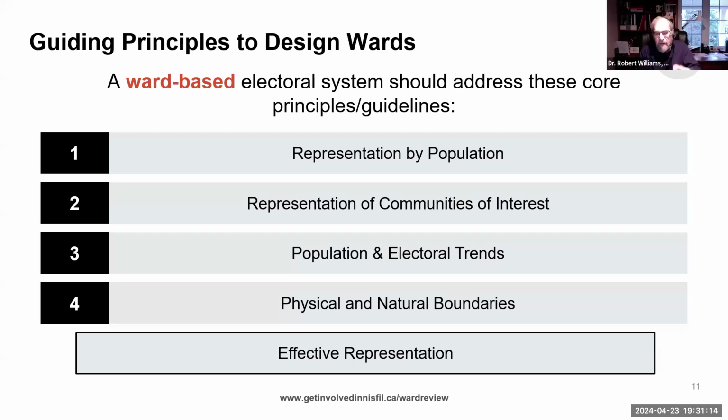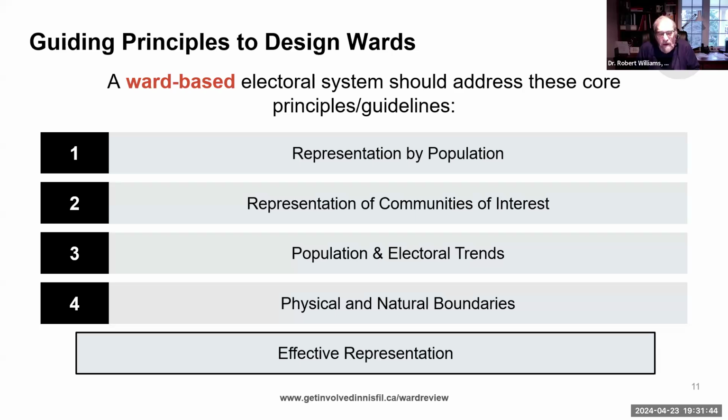So where we're going with all of that is that a successful ward system takes into account those four principles, with the idea that the proper balance, the correct balance, the successful balance will lead to what we call effective representation. This is a concept that comes out of an important judicial decision back in 1971 dealing with electoral boundaries.